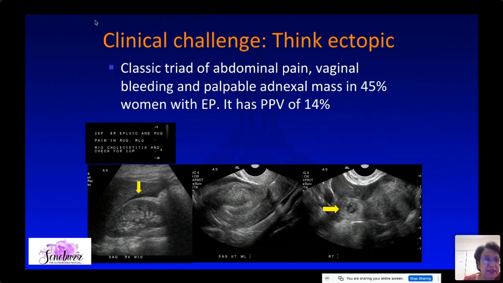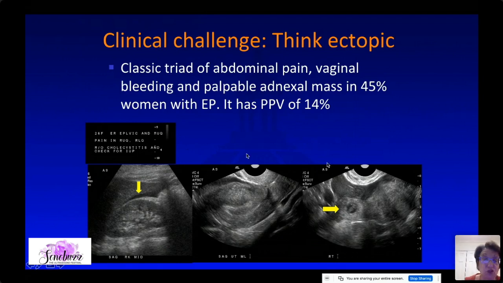So this is a good example. This is a patient who came in here. She was pregnant, and she had right upper quadrant pain, so she was checked for acute cholecystitis. Her gallbladder was normal, but she had some fluid. If you have fluid, in a young woman, always think about the possibility of an ectopic pregnancy.